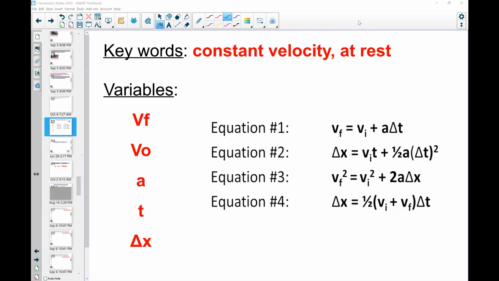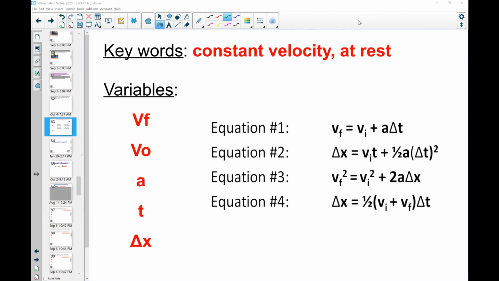And equation number 4 basically doesn't have acceleration in it, but the initial and final velocities would be equal. So you would just be adding them and dividing by 2 to get an average, which is kind of redundant, but it's fine. It will still work actually. But if there's constant velocity, then the acceleration is not going to be applied. It's going to be 0.